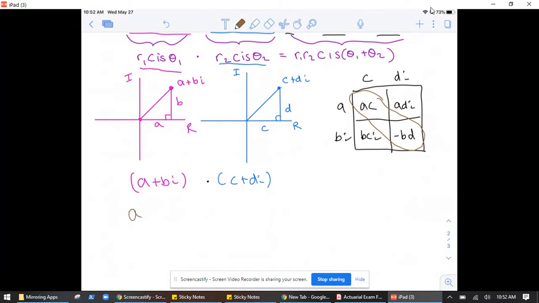So it's going to equal AC minus BD, that's the real part, plus, and the imaginary part is this. Let's write that as AD plus BC, with the I out here. That's the imaginary part.